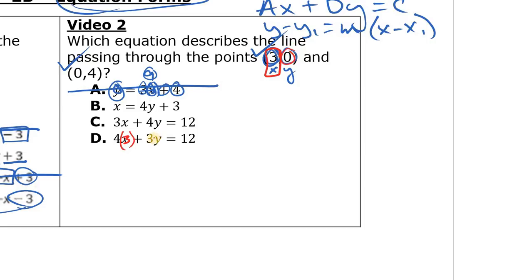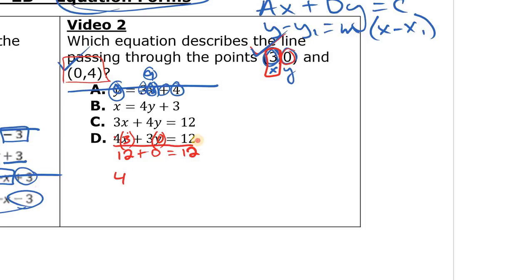Y is 0, so instead of that y, I put a 0, and see if this works. 4 times 3 is 12, plus 3 times 0 is 0. 12 plus 0 is indeed 12. Now it worked on the first point, but it also has to work on the second point. So we try that.